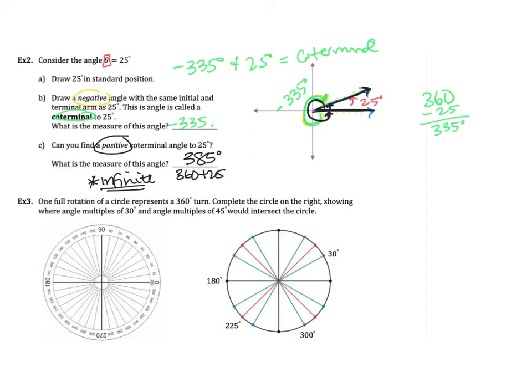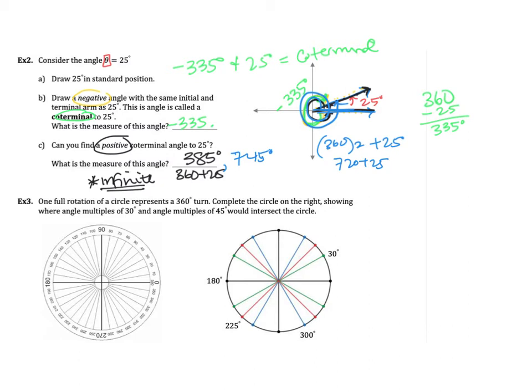Or I could go around twice. I could start on my positive side, and I can go around 360, 720, right? 360, go around the circle twice, and then add my 25 degrees. So I also could have said 745 degrees, right? Because 720 plus 25. Or I could go around 3 times, or I can go around 4 times.